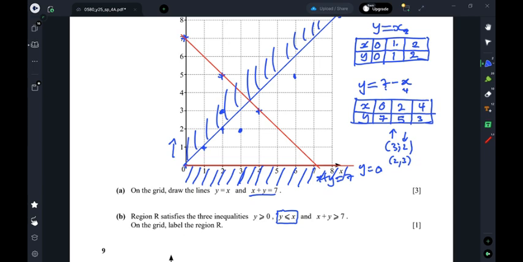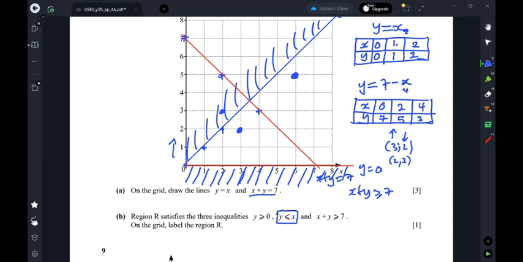Then let's look at the red line. The red line is such that the combination of x and y should always give me values which are greater than or equal to 7. The red line has a region below it and a region above it.